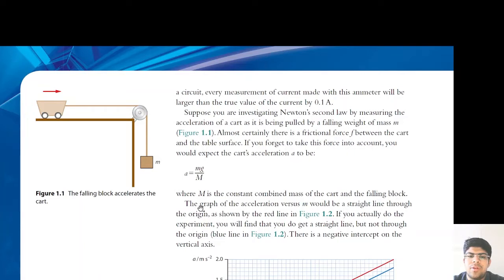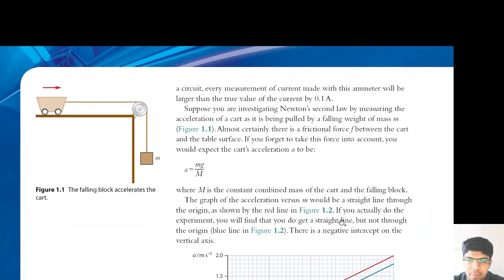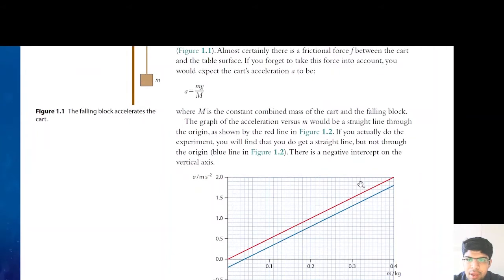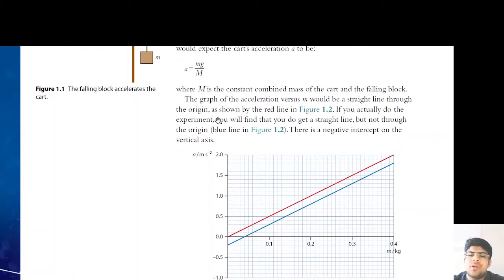So the graph of acceleration versus m would be a straight line through the origin, as shown by the red line in figure 1.2. If you actually do the experiment, you will find that you do not get a straight line through the origin, as shown by the blue line in figure 1.2. There is a negative intercept on the vertical axis. Here we have the red line and here is our blue line.